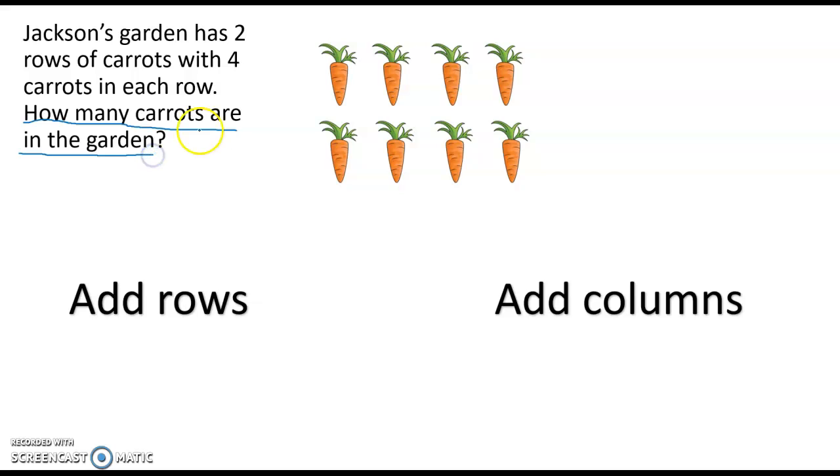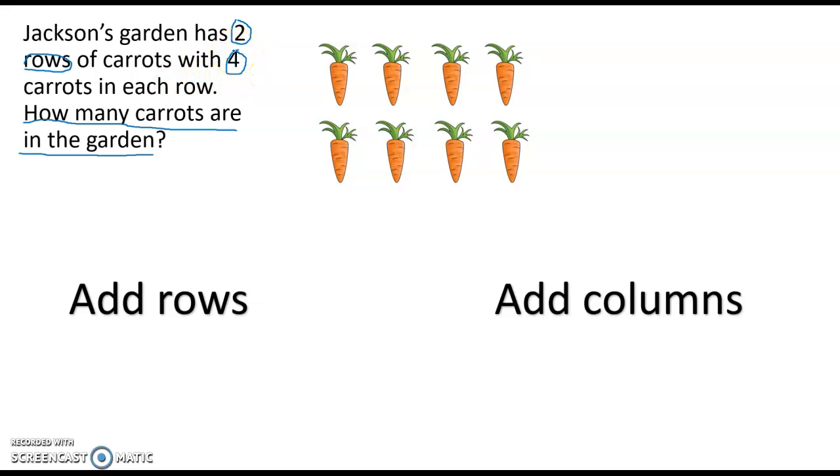Now take a look at the problem. Is there any information in this problem that's going to help me solve it? You probably said we've got 2 rows of carrots. There's 4 carrots in each row.